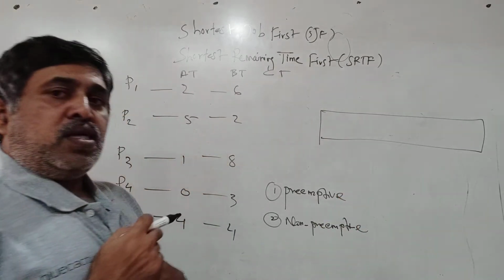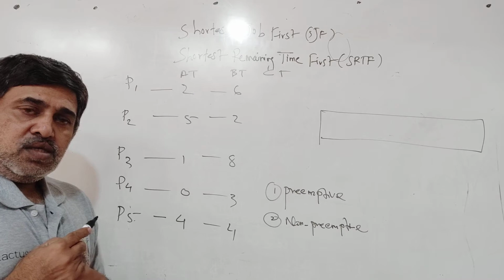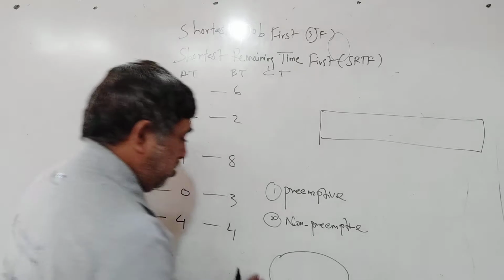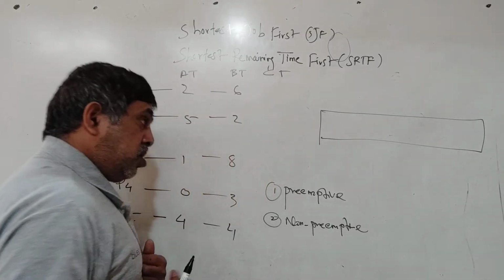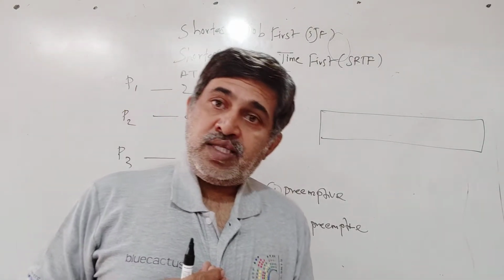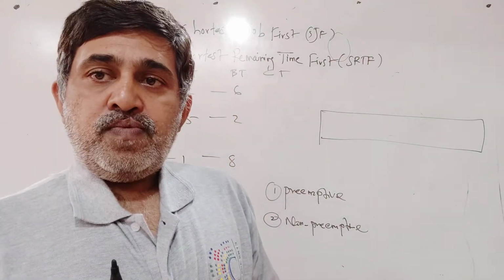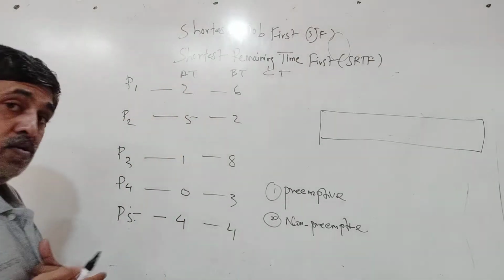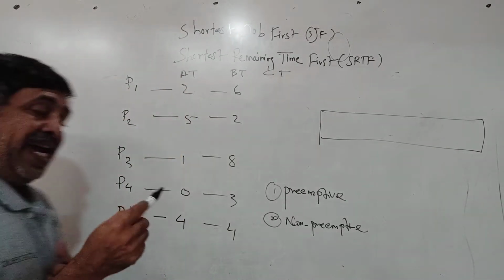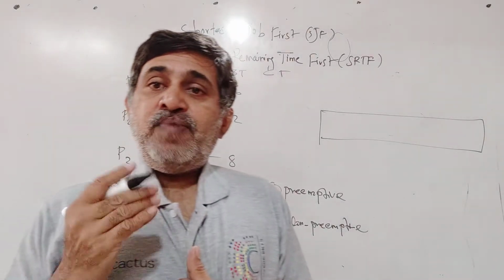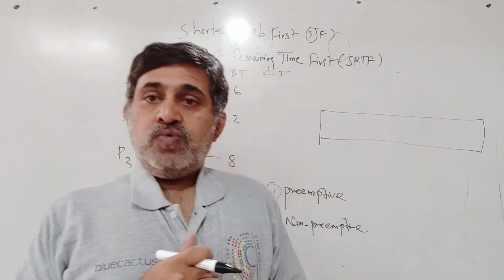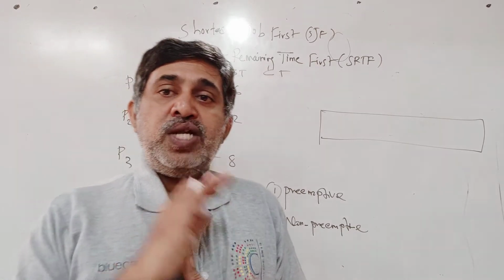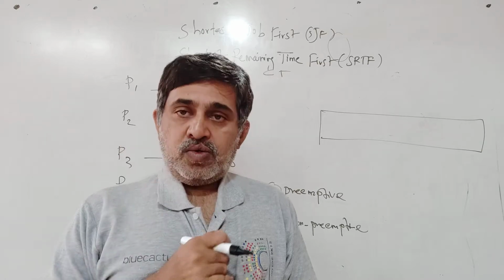Now what is the preemptive method? Suppose there is one process already executing in CPU. Suppose P1 process is executing in CPU, and P2 process arrives in a ready queue. P1 is already executing in CPU, P2 process arrives in a ready queue.